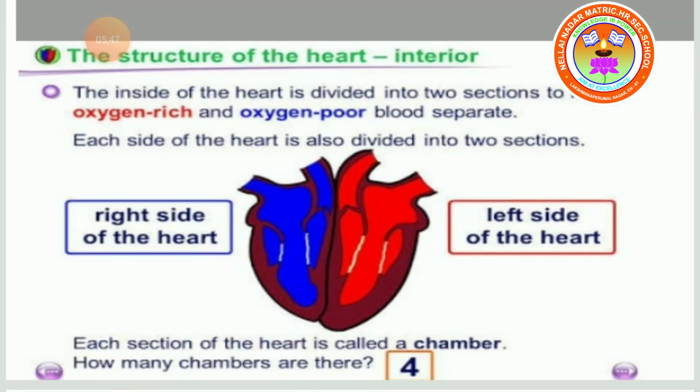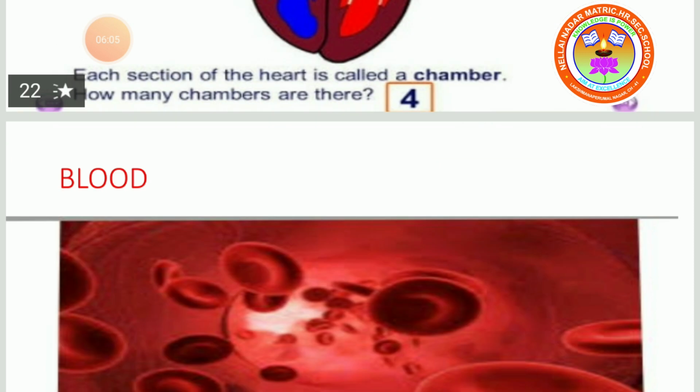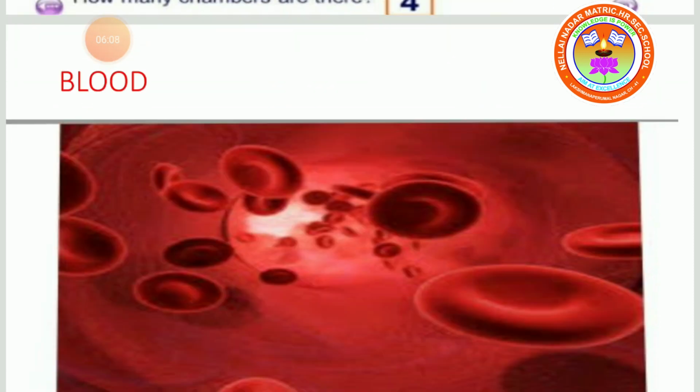The right side of the heart receives deoxygenated blood from various parts of the body and pumps it to the lungs for oxygenation. The left side of the heart receives oxygenated blood from the lungs and pumps it into different parts of the body.